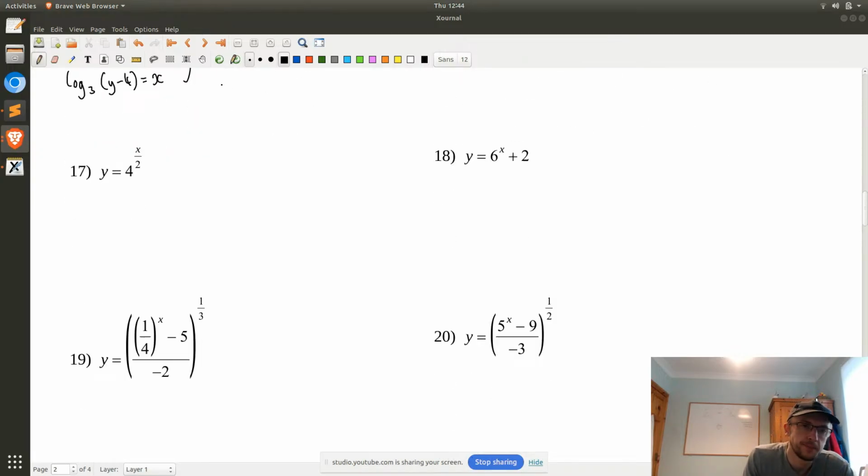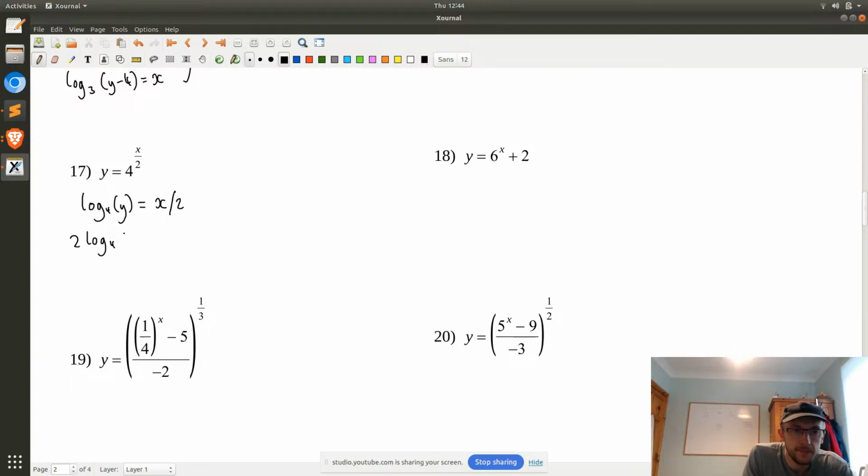Okay. Log base 4 of the left. Double the left. Swap the variables. And bring that 2 up here like that.